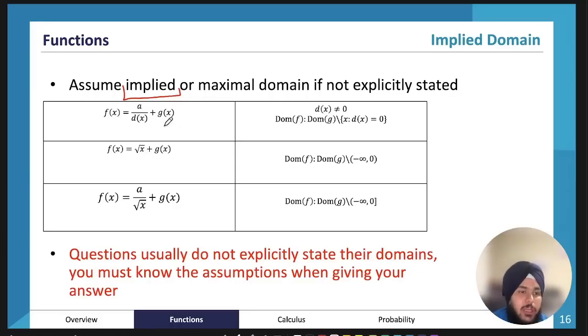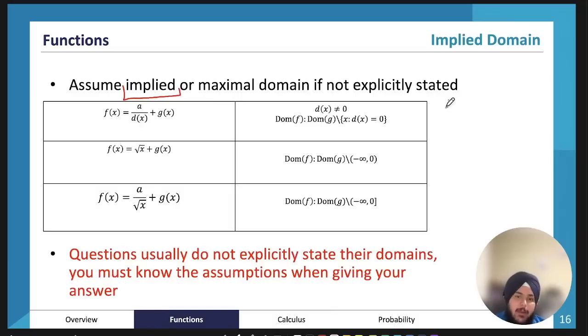So here are a few examples that you may have to work out the domain, or the implied domain, for. If you have something like a over d(x) plus g(x), we know that d(x), or whatever's in the denominator, can't be equal to 0. So when we are trying to work out the domain, we let d(x) equal 0 and work out what values that gives, which are the values that x can't take.